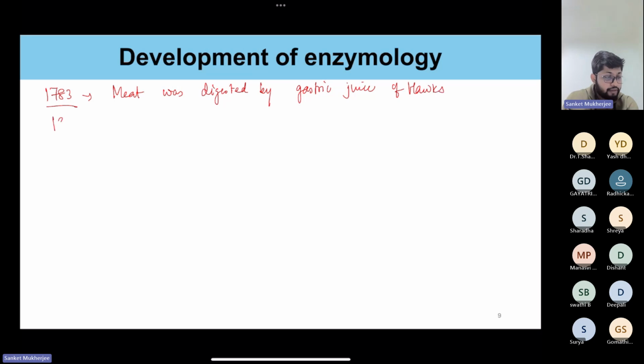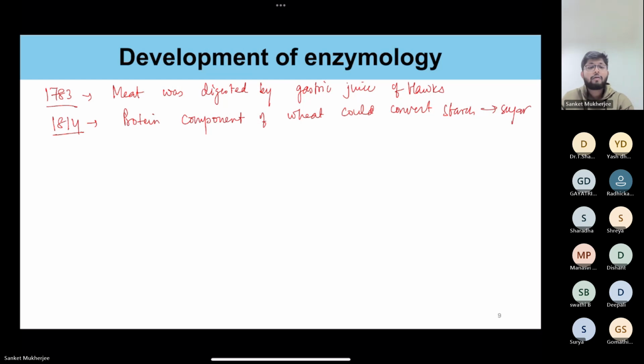In 1814, the protein component of wheat was found to convert starch to sugar. Then in 1830, the salivary enzyme ptyalin was discovered. Then the first enzyme was discovered in 1833, which was diastase. We already talked about it.